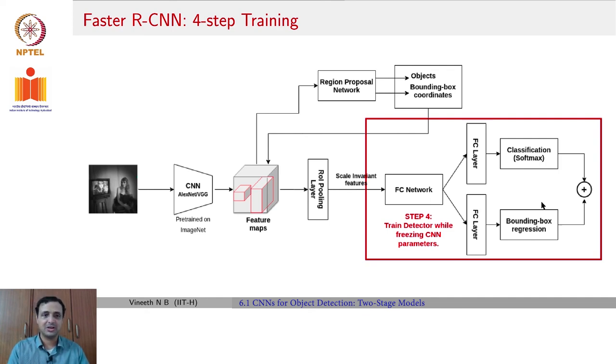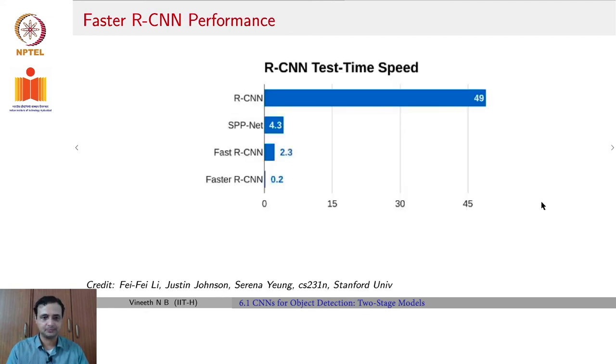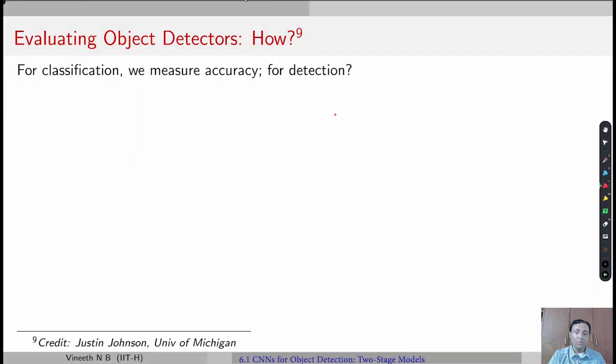This is the 4-step training procedure proposed by Faster RCNN. And using this approach, the test time speed reduces from 2.3 seconds to 0.2 seconds, which becomes closer to real time for every image.